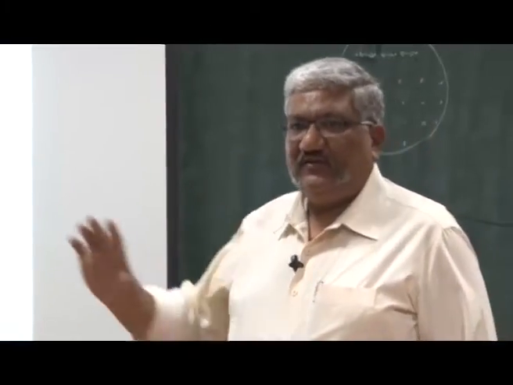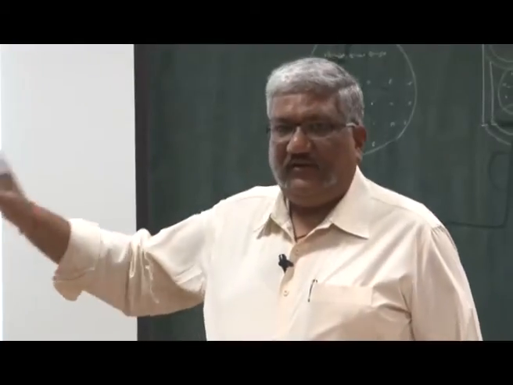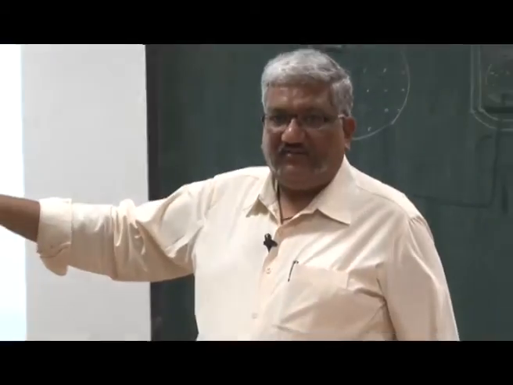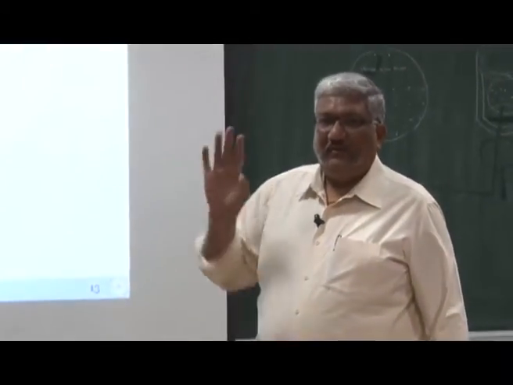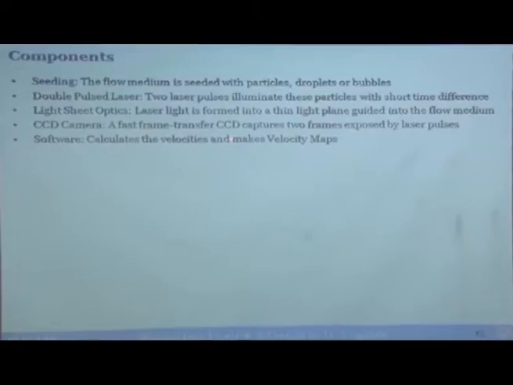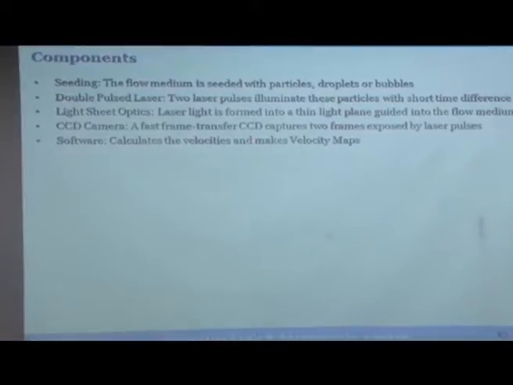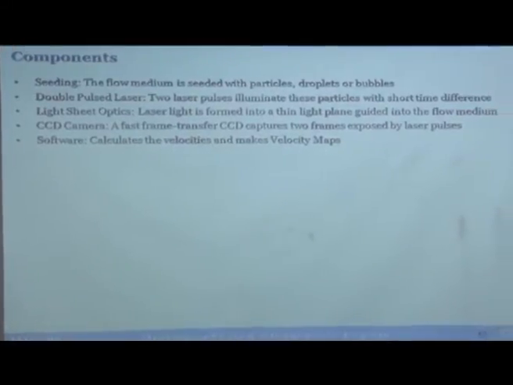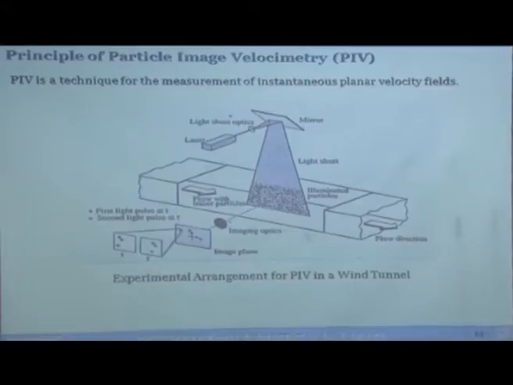That is done by statistical correlation methods which are built into the software. The number of particles is so high, it is not possible to do it manually. Okay. So, there are specialized softwares which calculate the velocity of each particle, and then they make the velocity vector map for the flow field that you are interested in.